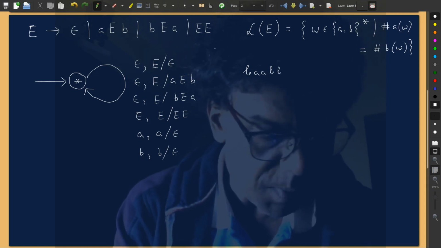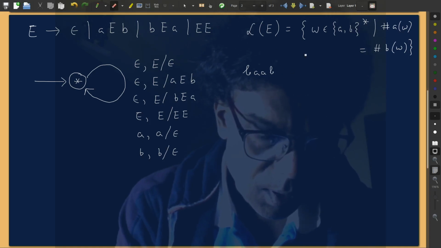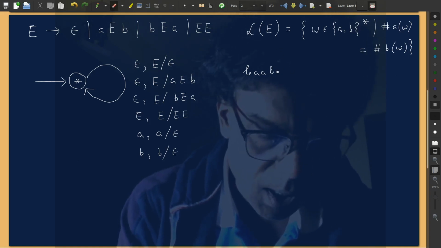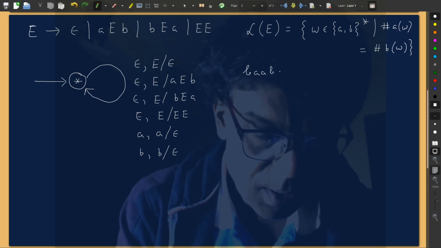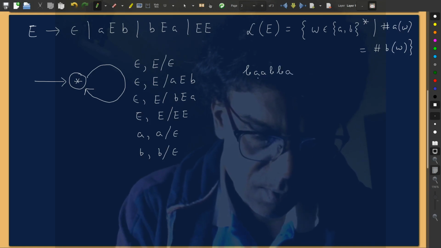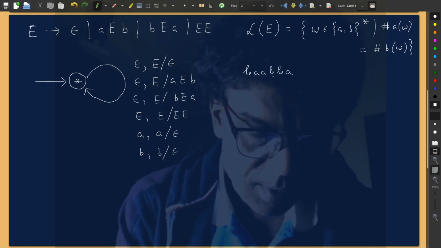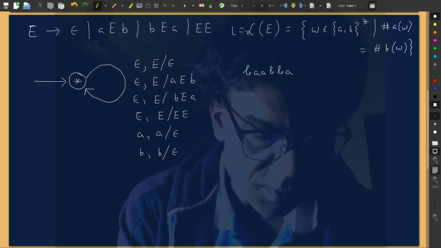Or maybe this is not a good example. Okay, what should I take? Maybe B, A. So there are 3 A's here, 3 B's here, so this is in this language. If I call it L, so this is in L.